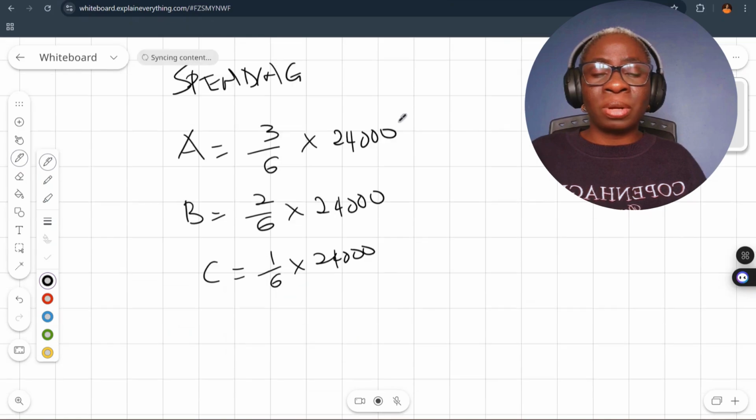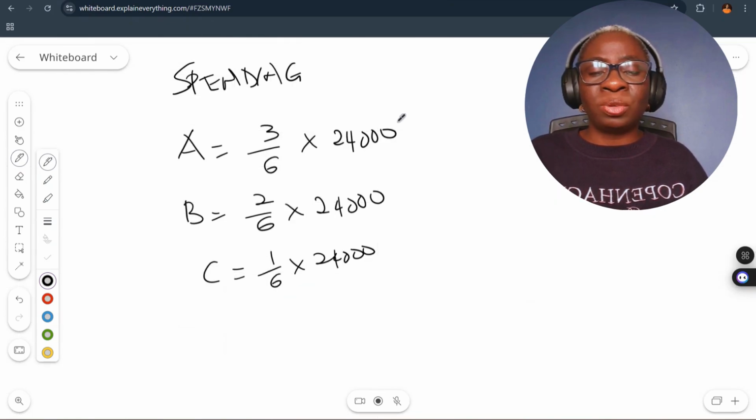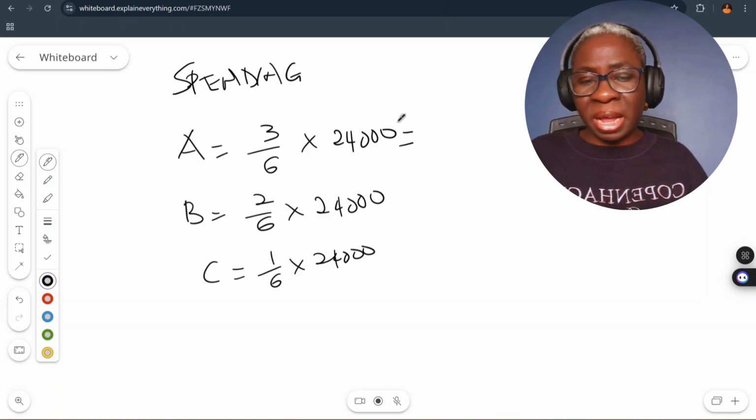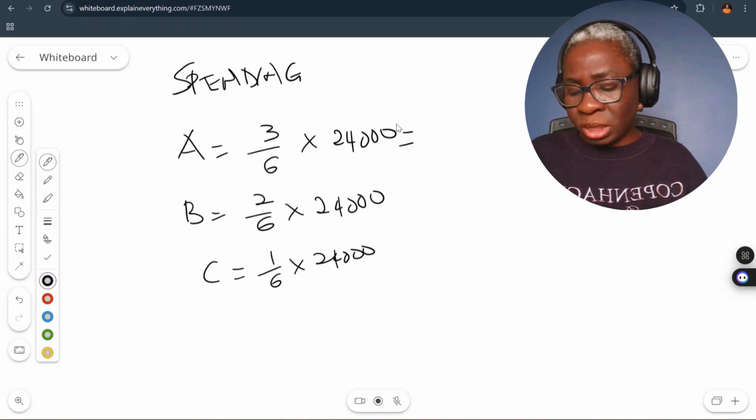And then now let's calculate their savings. When you divide 24,000 by 6 and then multiply it by 3, 24 divided by 6 would give 4, right? So when we multiply 4,000 by 3, this will give $12,000.